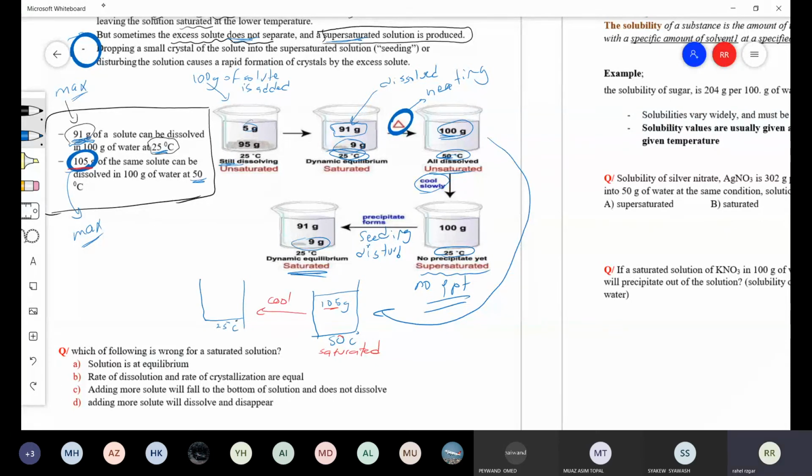To 25 Celsius. At that point, all the 105 grams is still dissolved. Still dissolved. If it's still dissolved, then at that time we will call the solution supersaturated.